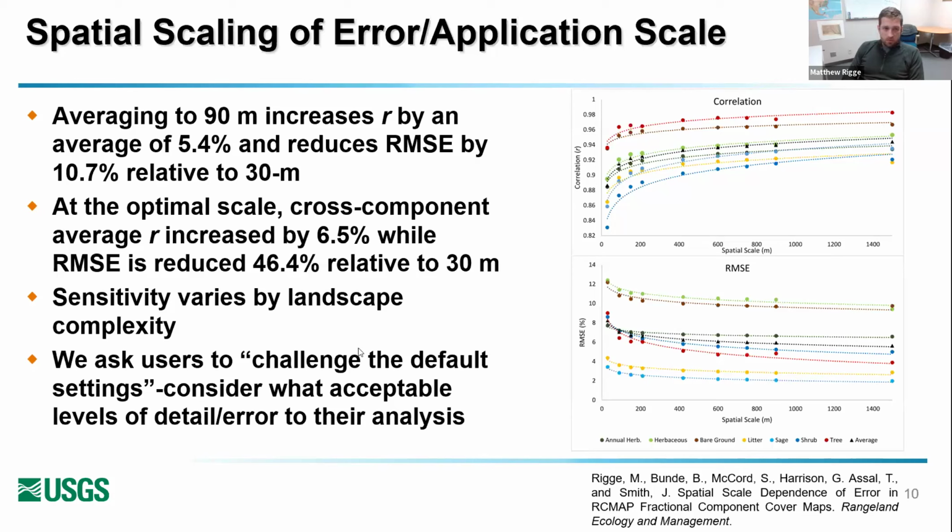So even going from a single 30-meter pixel to a group of 3 by 3 pixels, so a total of 9 pixels or a 90 by 90 meter area, you increase accuracy substantially, and that sort of plateaus off at around a 200 to 300 meter level of aggregation. And that will vary by component, that will vary by ecoregion, etc. But this sort of scaling, I think, is really useful to a lot of users.